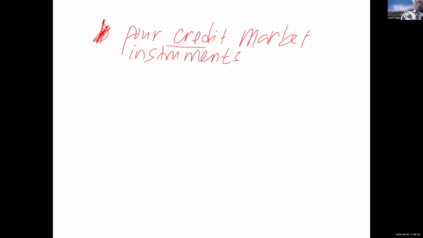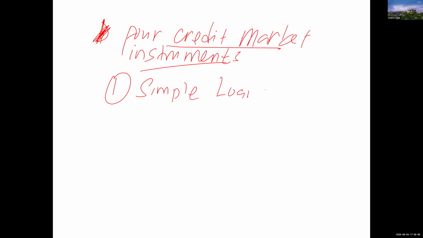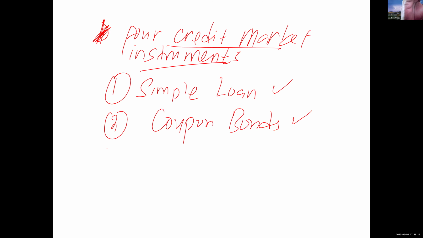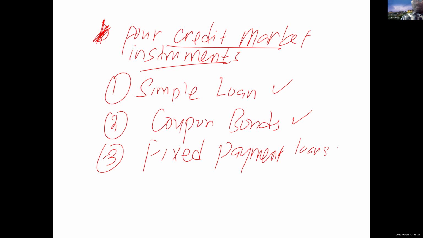Okay, so of the four credit market instruments that we talk about, we talked about the simple loan. That one is done. We talked about the coupon bond. That is done. We talked about the fixed payment loan. That is done. So now let's look at the last credit market instrument, which is a discount bond.